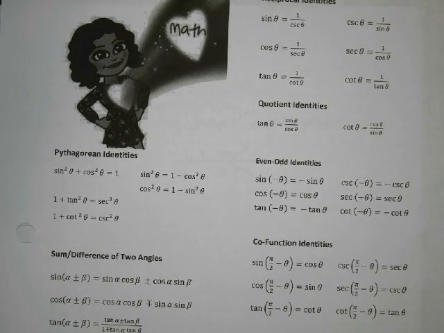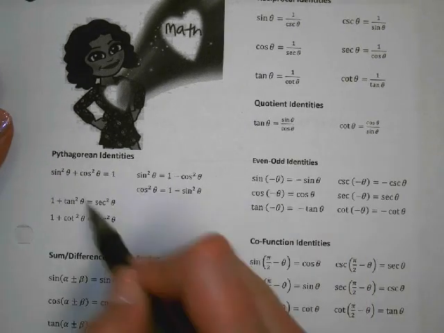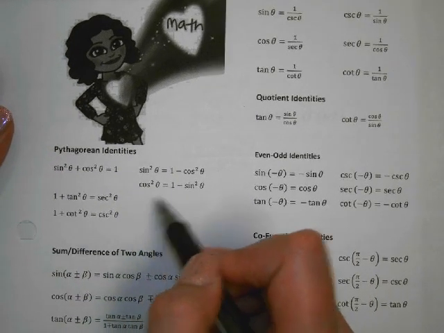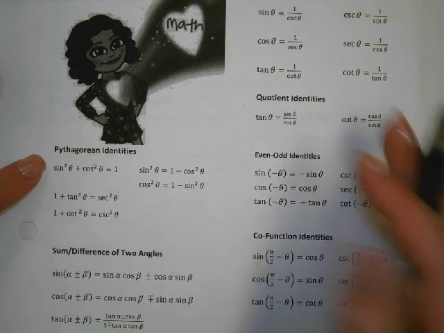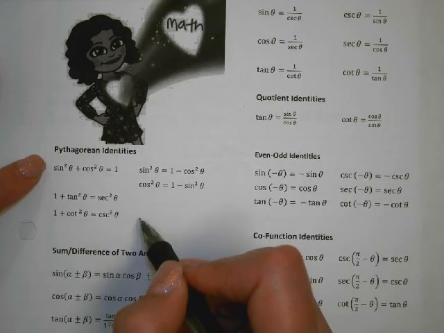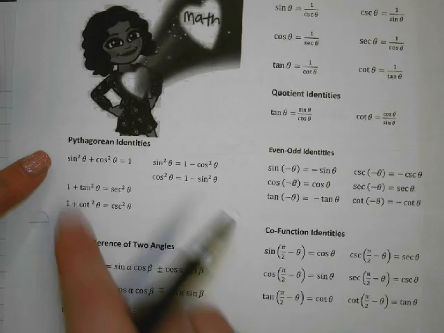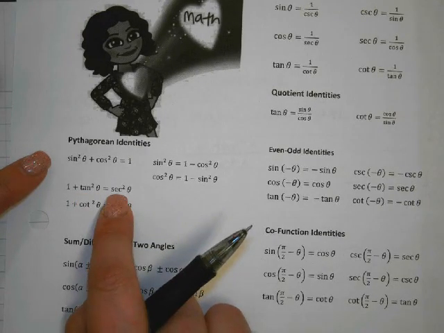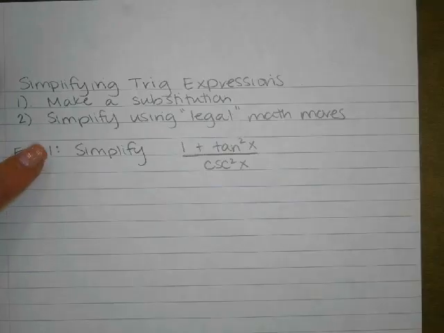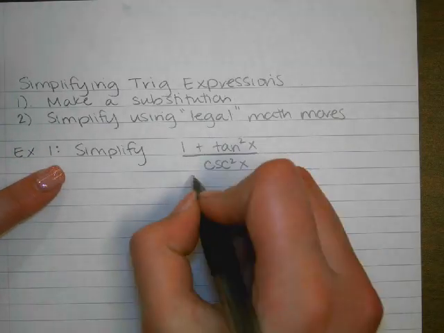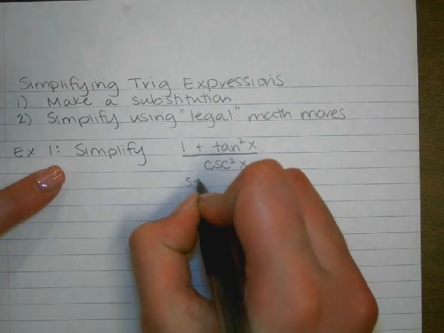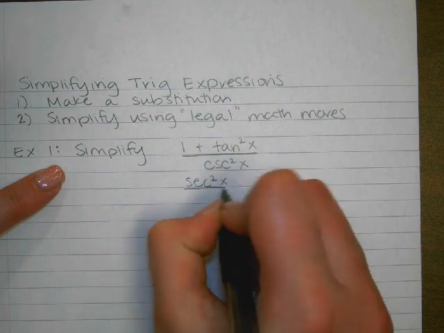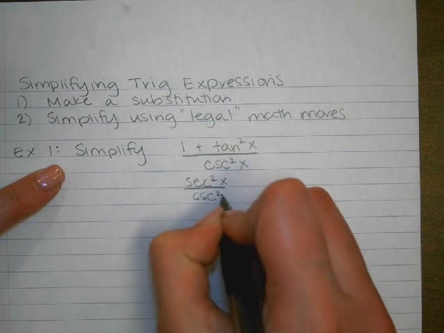Anytime I have a piece of a problem that has a squared in it, I'm going to focus over here on the Pythagorean identities because these are the only ones on the entire sheet that have squareds in them. So what I notice is that 1 plus tan squared equals secant squared. So I'm going to go ahead and put that on here. I'm going to replace the top with a secant squared, so I have secant squared x over cosecant squared x.